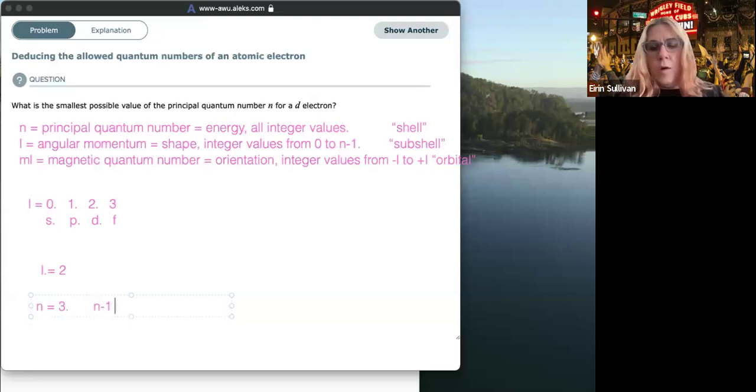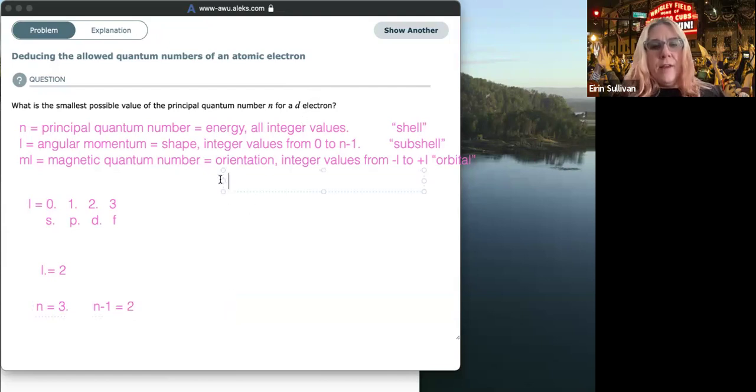So if n minus 1 equals 2, therefore n must equal 3. So that is the smallest possible value of n for L equals 2. You could also have larger values of n, like n equals 4, n equals 5, but you can't have n equals 2. There's no such thing as a 2d electron or a 1d electron, if that makes more sense.